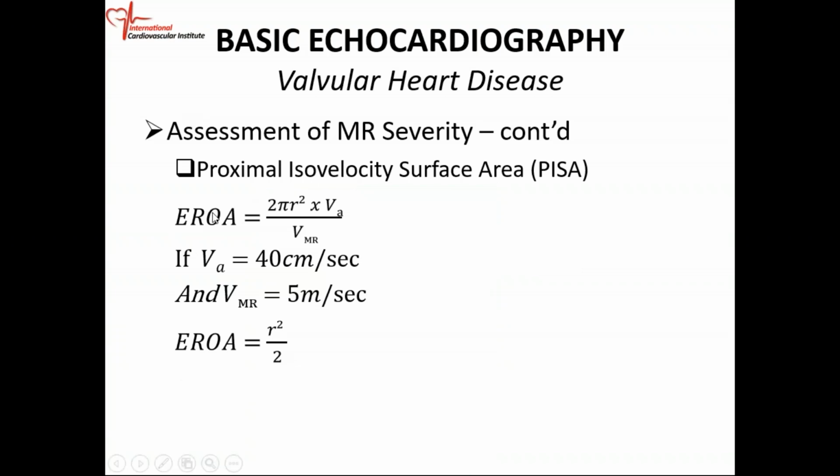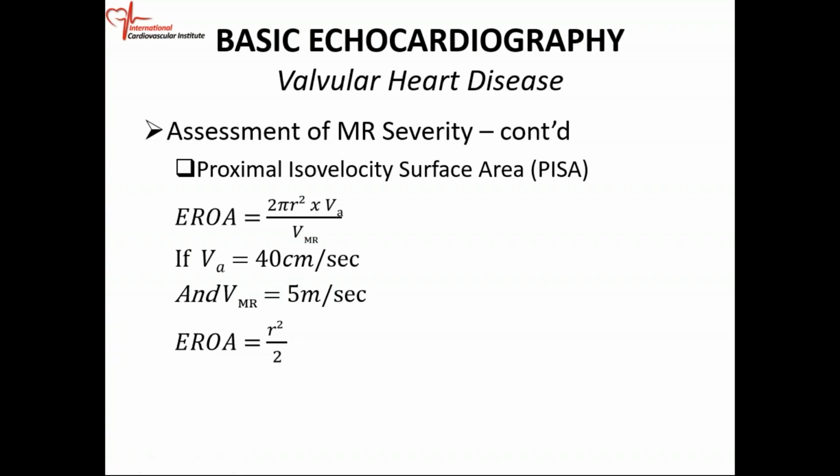So this is the formula we get for EROA: 2 pi r squared times the aliasing velocity over the velocity of the mitral regurgitation. You can measure the mitral regurgitation velocity. The aliasing velocity is right there. You measure the radius, so you can solve for EROA. What you can do is adjust your VA, aliasing velocity, to 40 centimeters per second.